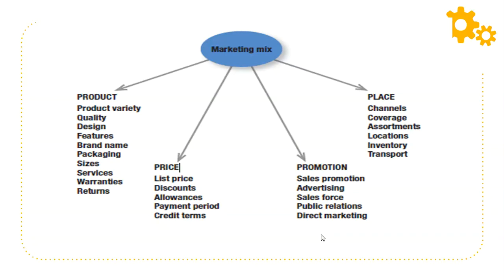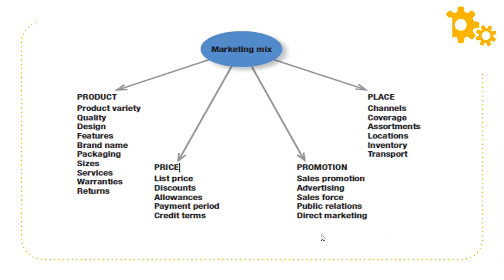Price, what type of list price you have for this product? How much discount you are providing to your dealers and customers? What type of allowances you have for your customer, for your dealer network? What type of payment period you are offering to your customer or your dealer network? So here, payment period is within how many days your customer will pay back to you.